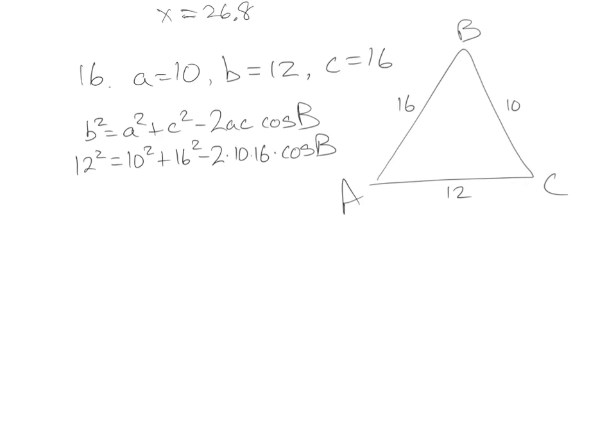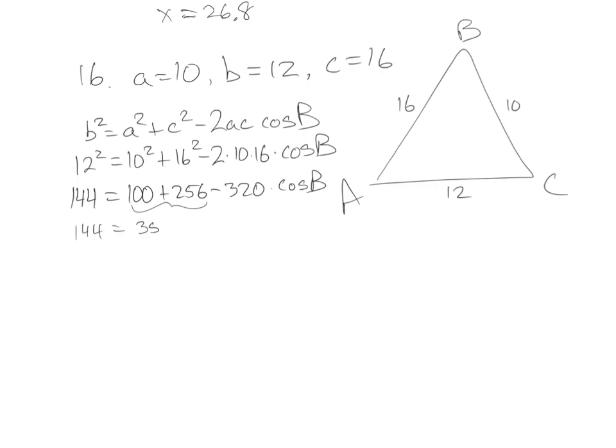All right, I'll go through it. Okay, so we have 144 equals 100 plus 256 minus 2 times 10, which is 20, times 16, which is 320. Okay, and again, I'm going to put these together or subtract them from 144 eventually.